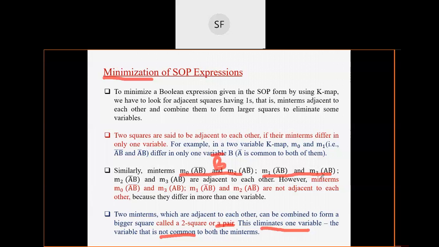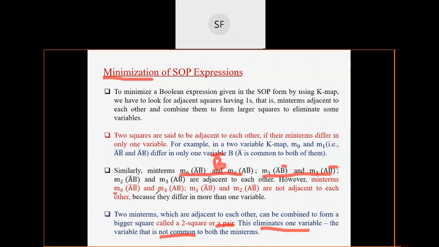A eliminate होगा कि B? नहीं, B नहीं होगा, because B is constant. यहाँ पे भी B है, यहाँ पे भी B है. Whereas here it is in complemented form and here it is in uncomplemented form. So A is varying. So that's why, जो vary हो रहा है वो eliminate हो जाएगा.